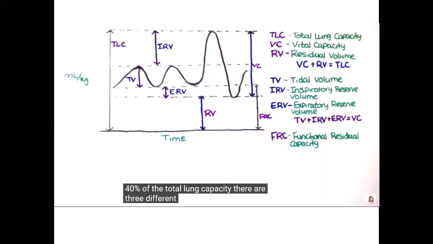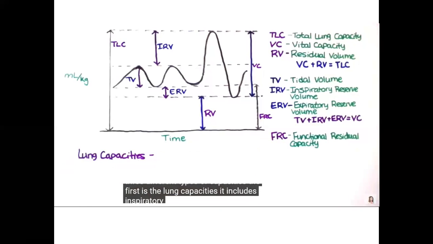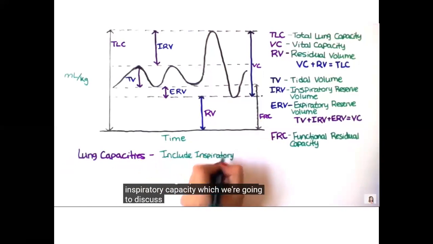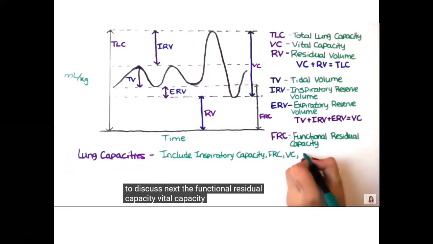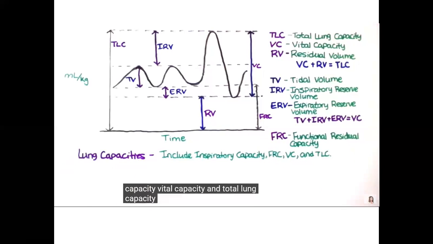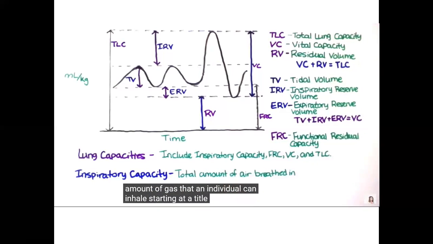There are three different types of capacities. The first is the lung capacities. It includes inspiratory capacity, which we're going to discuss next, the functional residual capacity, vital capacity, and total lung capacity. The inspiratory capacity is the amount of gas that an individual can inhale starting at a tidal expiration. So as you breathe out normally and then take a deep breath all the way in, that's the inspiratory capacity.